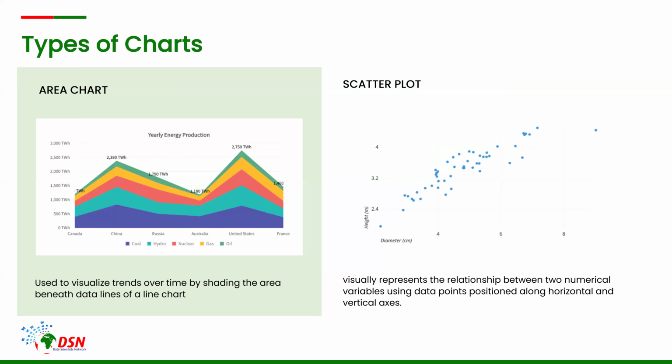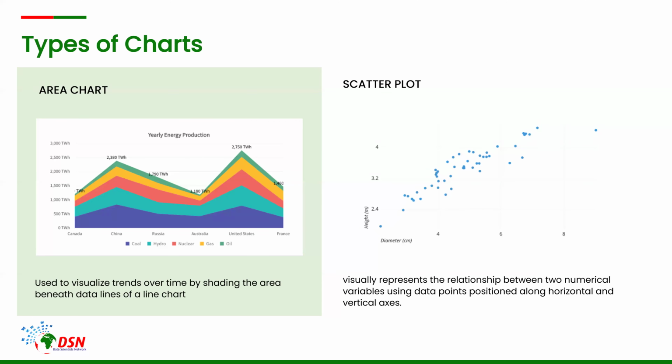And this particular chart that we are seeing here is representing 1, 2, 3, 4, 5 different areas. You can see coal, hydro, nuclear, gas, oil. Each of them is a different line chart filled with solid colors. The way Excel will arrange it for you is that it will put the biggest at the back and the ones that are small in the front, so that we can see everything.